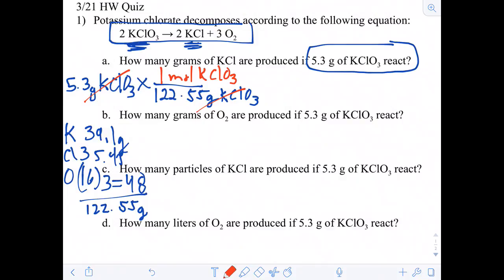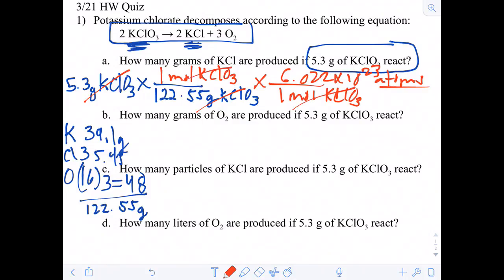So right now, I'd have to multiply by this: 1 mole of potassium chlorate is 6.022 times 10 to the 23rd atoms. If I wanted to go to atoms, that's what I'd have to do. Because now my unit, you can see, is atoms, and I've canceled moles of potassium chlorate. Make sense? Okay.